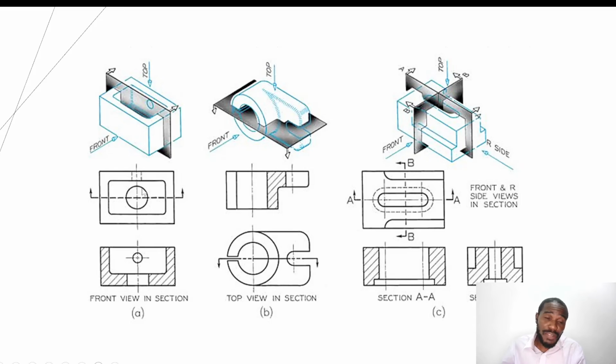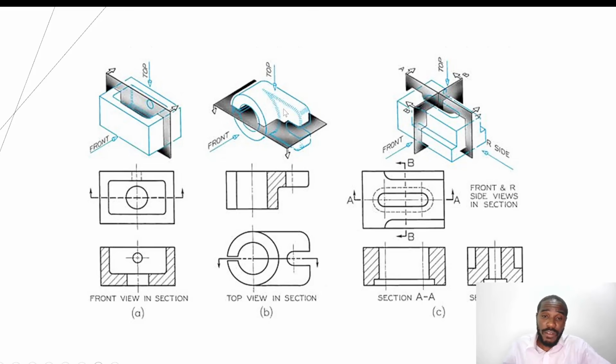In this plan view, we will also not be able to tell categorically the depth of this hole, whether it goes through or not. But when we section along this plane, we're able to say that the hole goes all the way through to the bottom of the component we're dealing with.